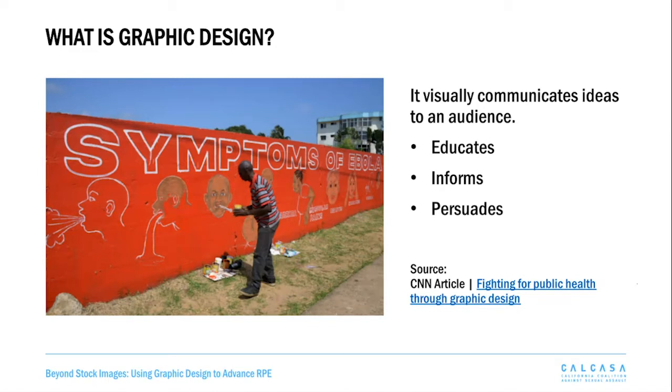It's also a way that you can use perhaps the information from your evaluation toolkits to show that your program is working, to show that the changes that you want to make in the school are happening.